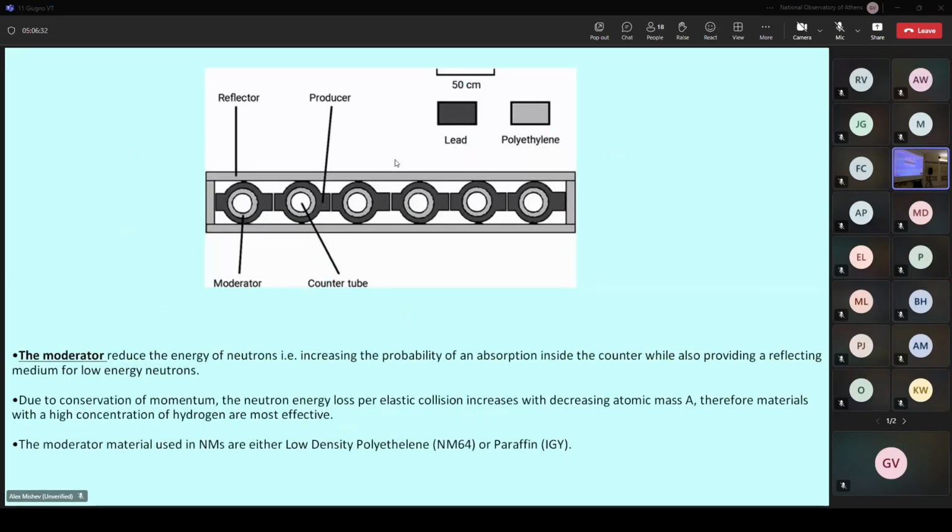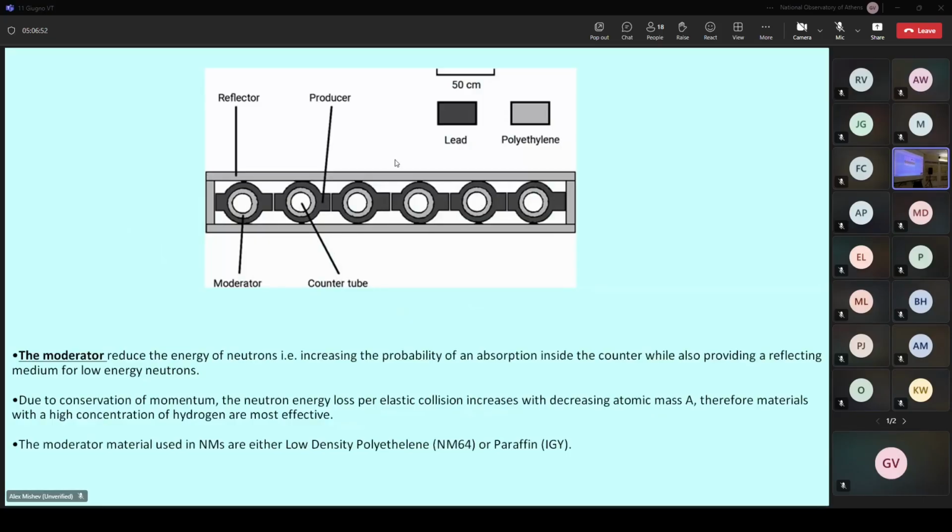These counters are surrounded by a moderator, which should increase the probability of absorption of the secondary neutron inside the counter.